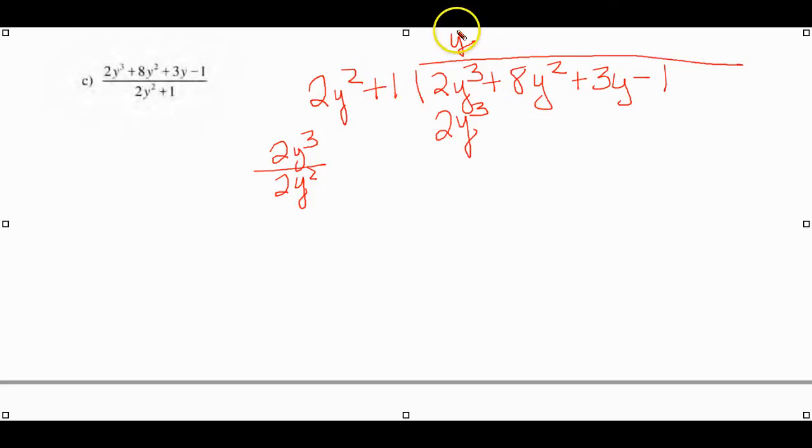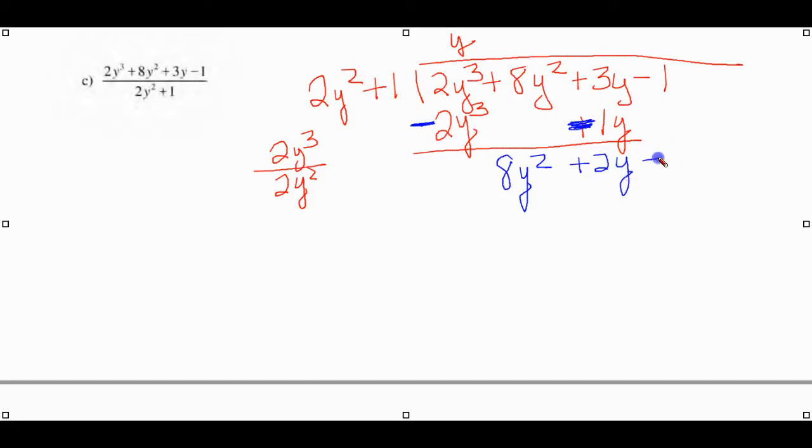Now 1 times y, and you have to put it in the right column, is a positive 1y. We draw our line, and again, when we draw our line, we have to change signs. This is critical. So this cancels out. We bring down the 8y squared, and this becomes a positive 2y, and this is a negative 1.